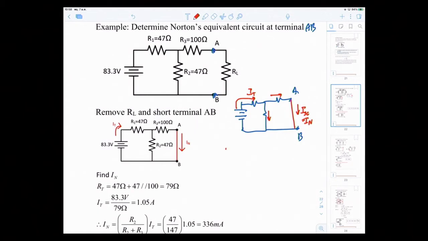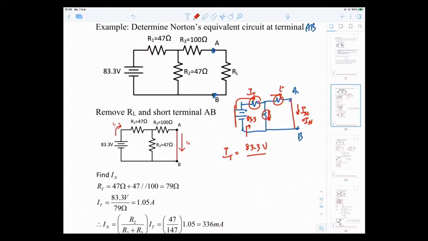To find I total, it would be the 83.3 volts divided by R total, because this voltage source of 83.3 takes care of this R and this R. And how are they connected?